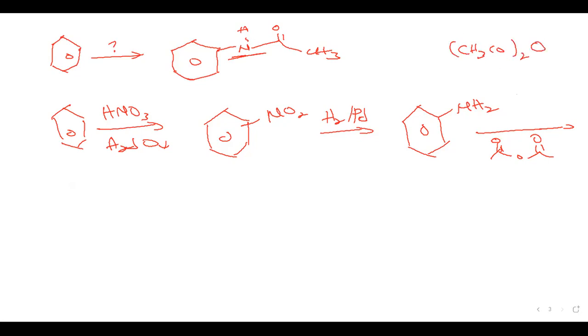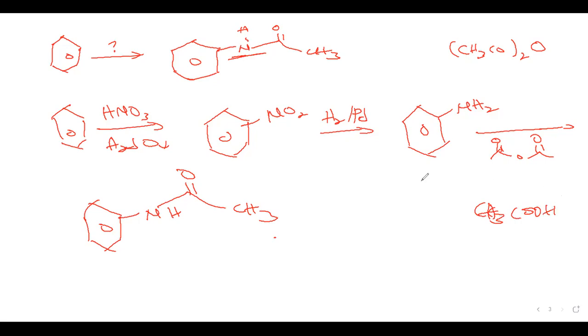So this is also acetic anhydride, right? Use your acetic anhydride to introduce your acyl group. So that is it. This is very simple. So you have your acetanilide. Arguably, people can also use acetic acid instead, but the best is to use acetic anhydride.